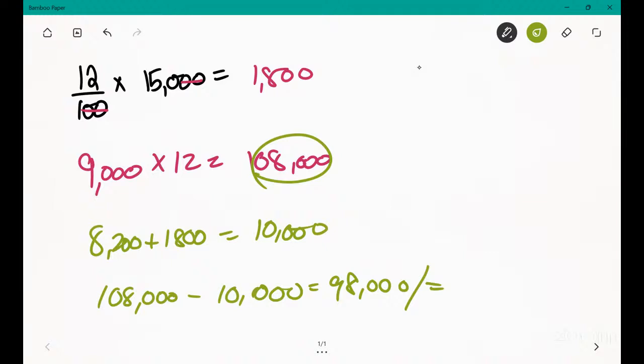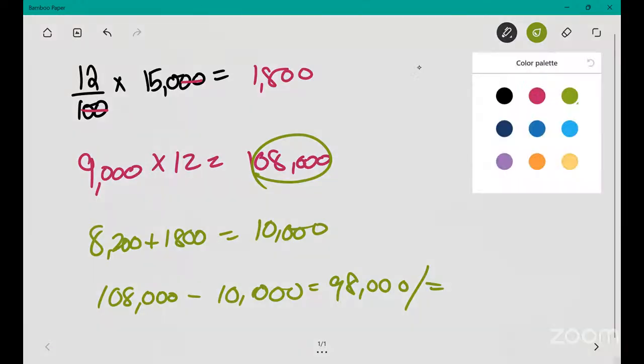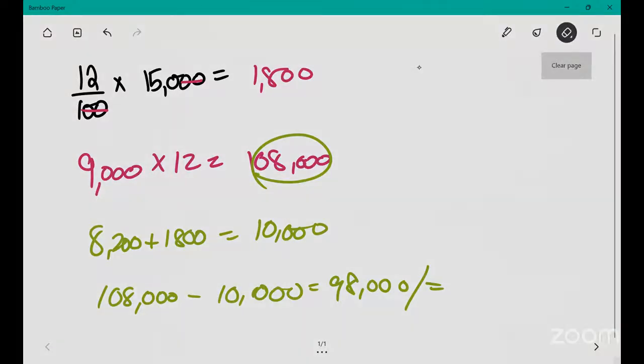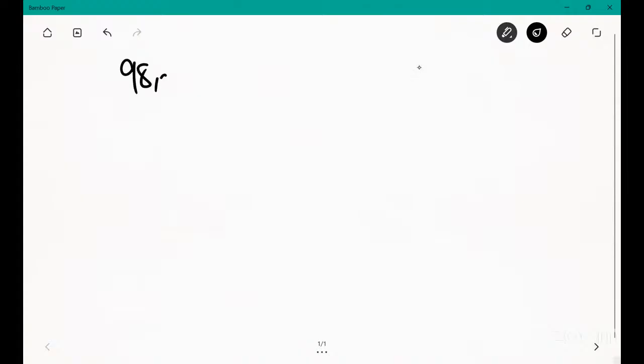Then the last question that we have here is Kamal invests the remaining amount to buy shares of a company of which the price of a share is 40. So 98,000 he has, and he's buying shares, and each share is 40 rupees. To find how many shares he got, you have to divide the amount that was put in by the amount of a share.